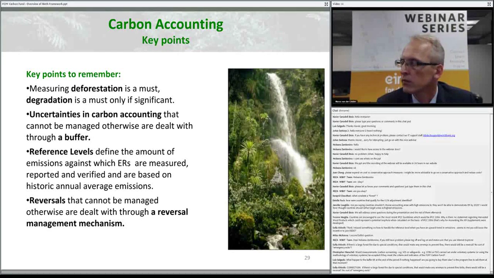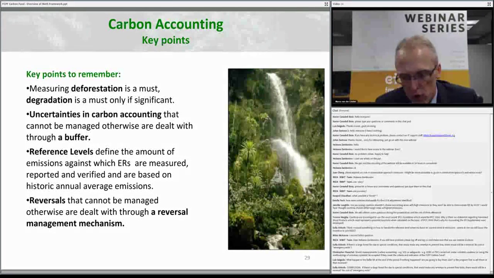Yes, the methodological framework says at the beginning that you could use other standards, like, for example, VCS jurisdictional REDD, as long as you can show that you still meet all the requirements of the methodological framework. So yes, it is possible. You could apply other standards, but how exactly the process will work, we're still sorting out, but it is possible.